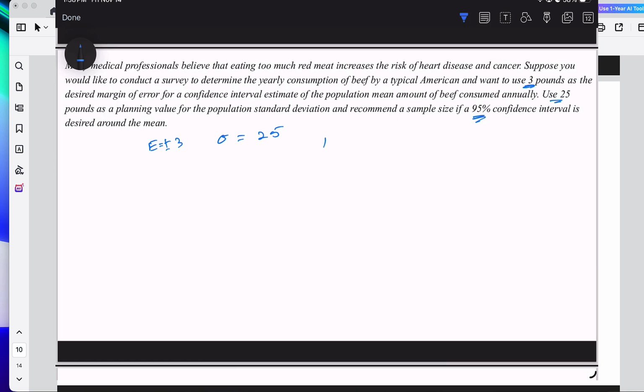So here our alpha is 5%, or our alpha over 2 is 0.025. If our alpha over 2 is 0.025, our corresponding z value is 1.96. So we can now apply the formula.